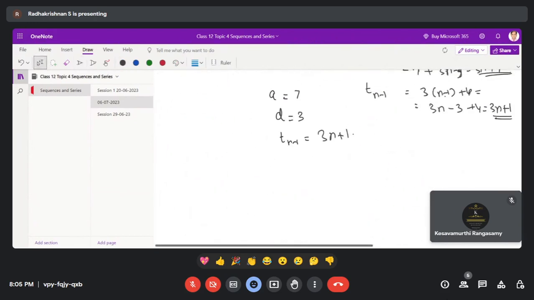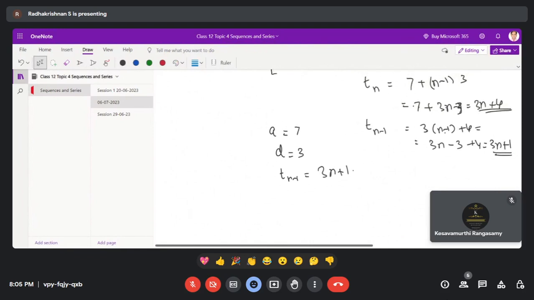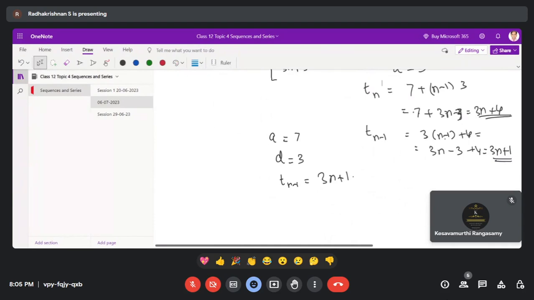Okay. So we have only calculated Tn minus 1, not Sn yet. So this is the sum of n minus 1 terms. So this sum you have to determine.